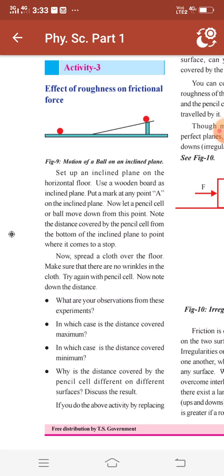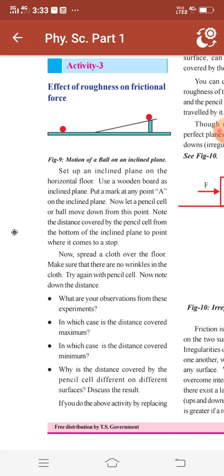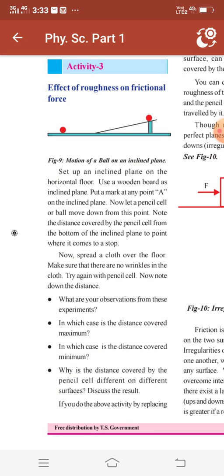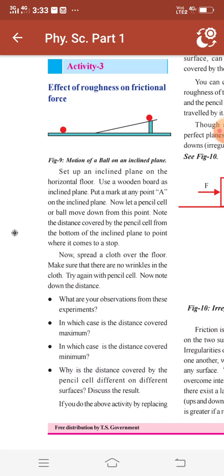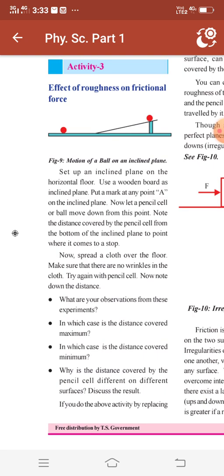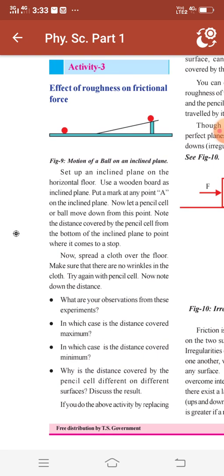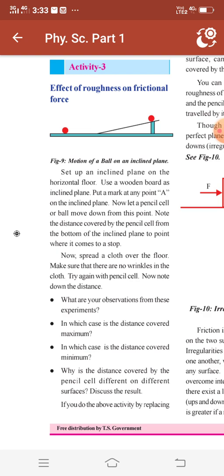Okay, now listen. Set up an inclined plane on the horizontal floor. Use a wooden board as the inclined plane. Put a mark at any point A on the inclined plane. Now let a pencil cell or a ball move down from this point.